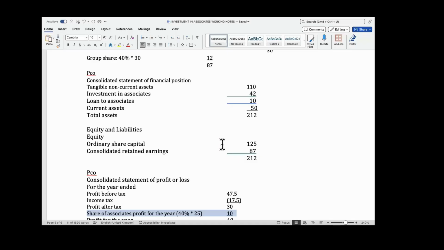Just that you see, because it's the same treatment. It's like we are now NCI. Now in our own books it is an investment.